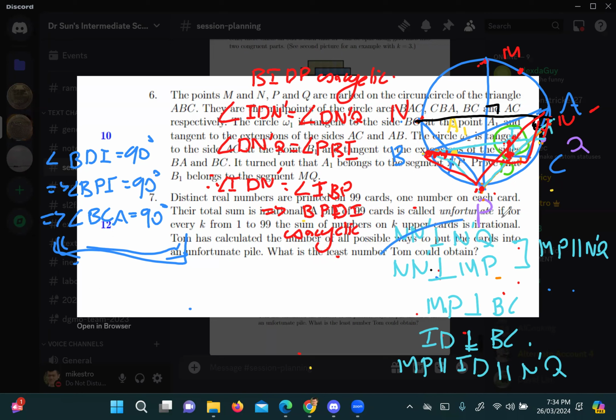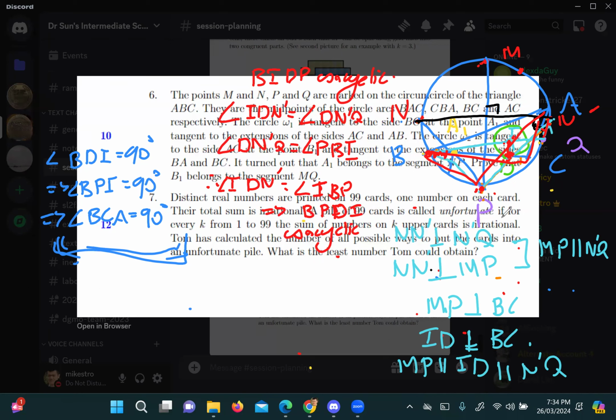So the proof goes: if A1 lies on NP, then that is if and only if the reflection, and then B1 lies on MQ, if and only if C is 90 degrees.